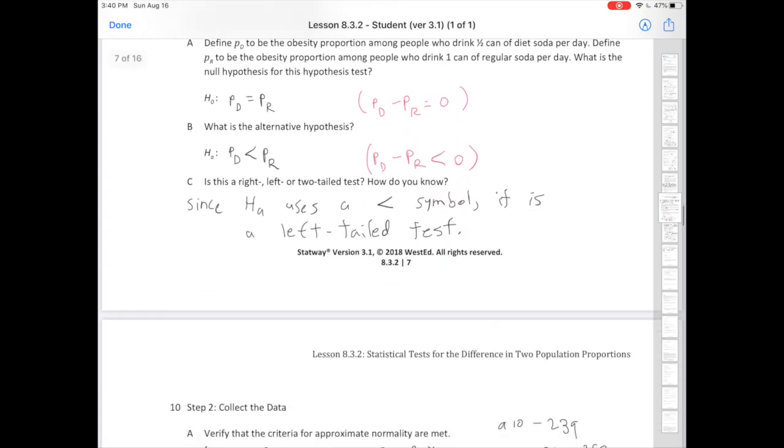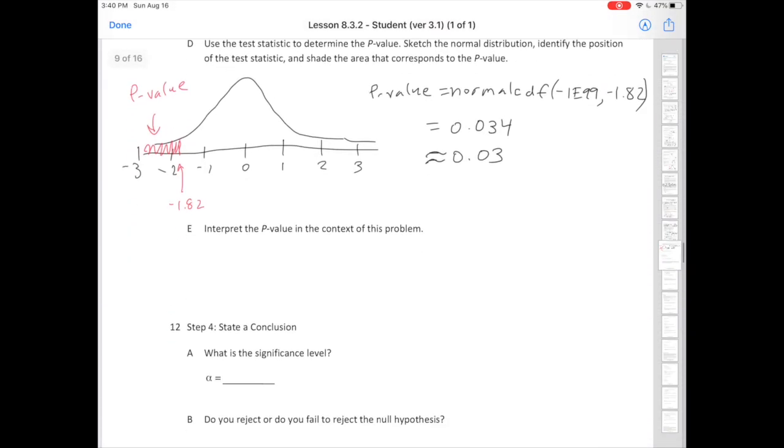So we always start the p-value probability statement like this.